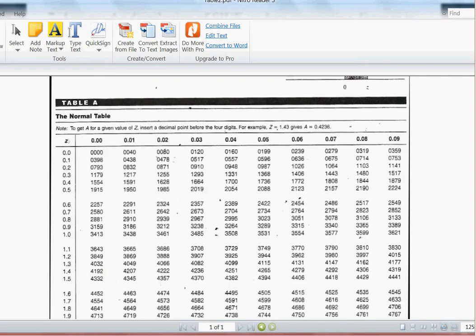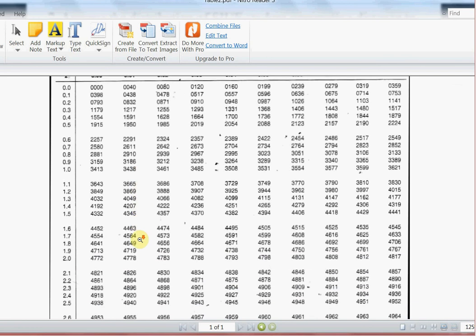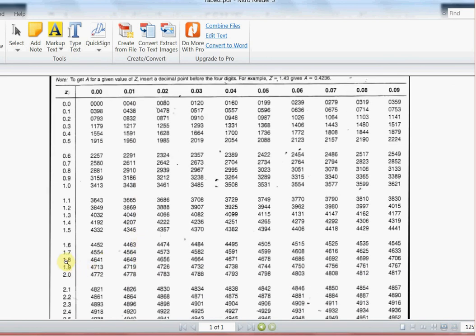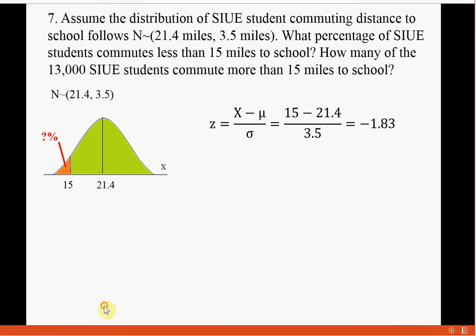Let's go to the normal table. 1.8 is right here, and the second decimal place 0.03 is in this column. So you read this until you come across this column and the corresponding percentage, 4664.